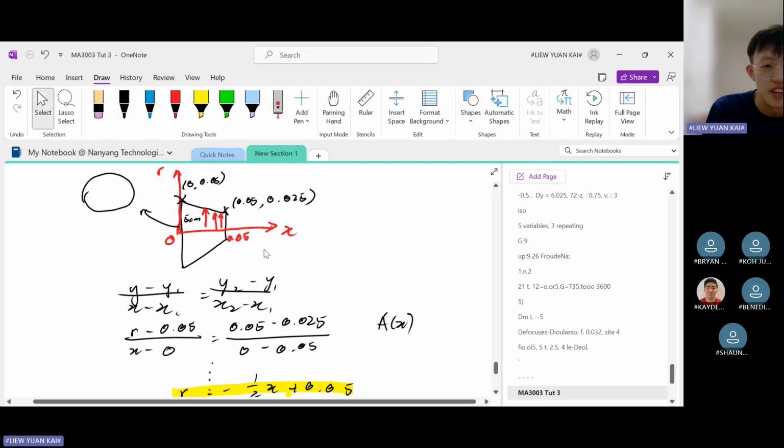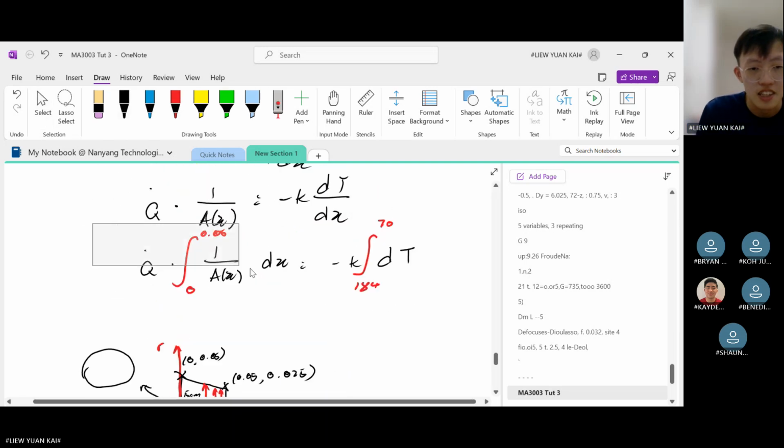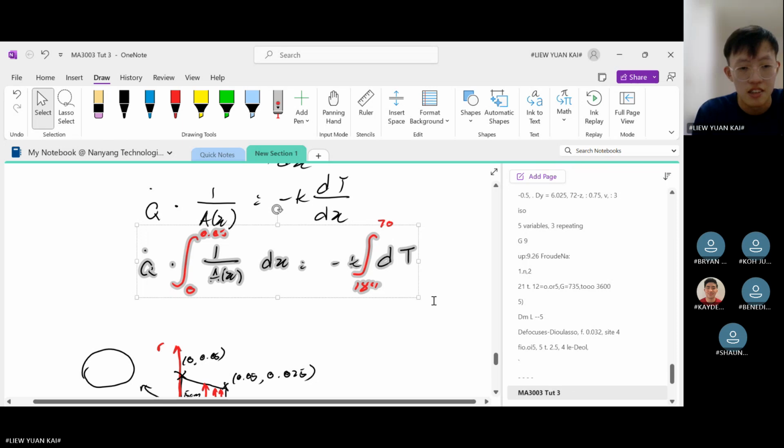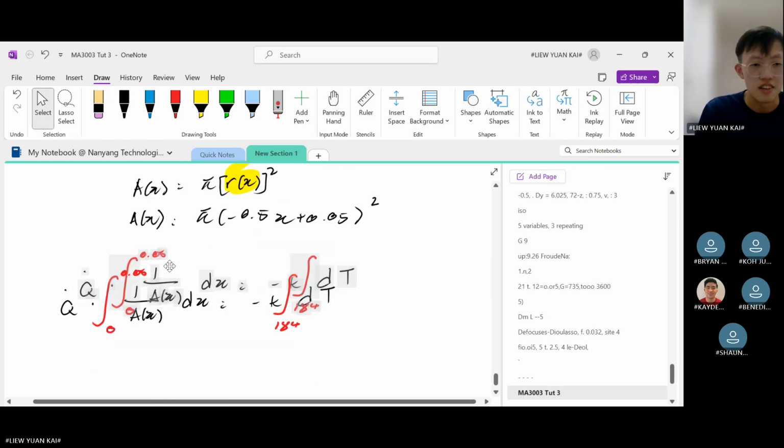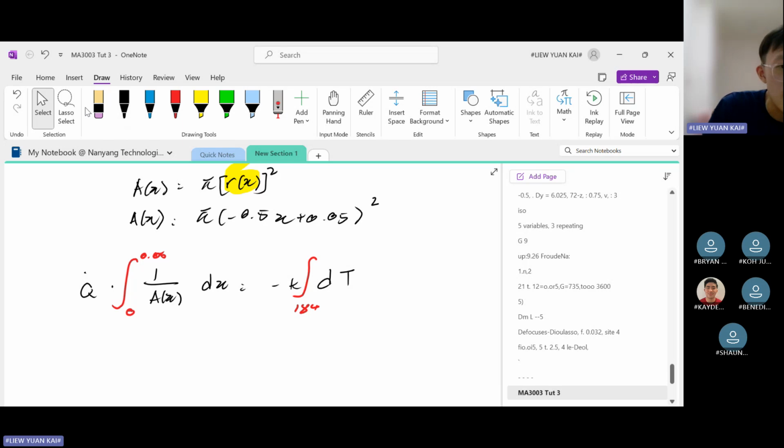So this A of x, we will sub into here. Okay, so this is no longer A of x now. I'll put this as pi times negative 0.5 x plus 0.05, squared. Yeah.